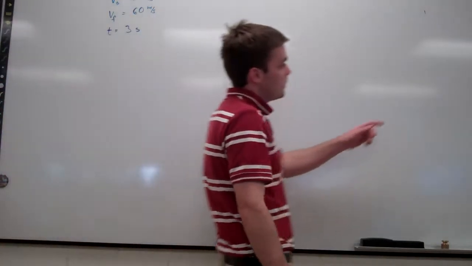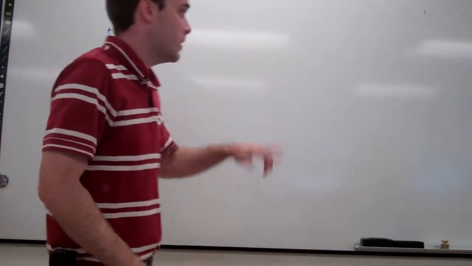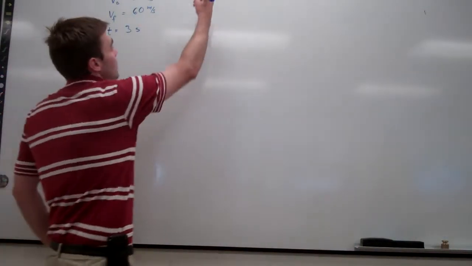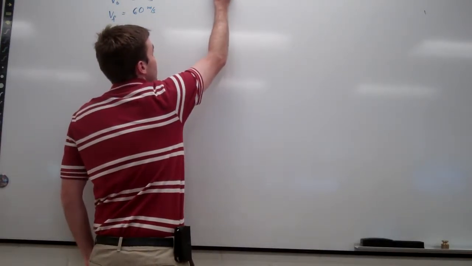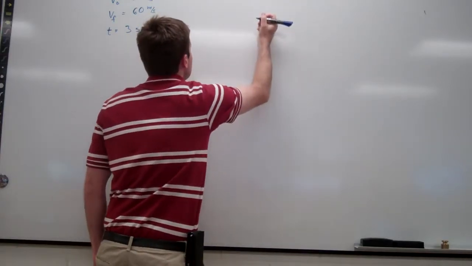And the second. We have vf, v0, a, and t. So we don't have delta x, so we can't use any with delta x in them. So we need to use vf equals v0 plus at.